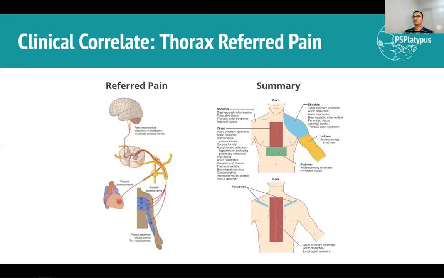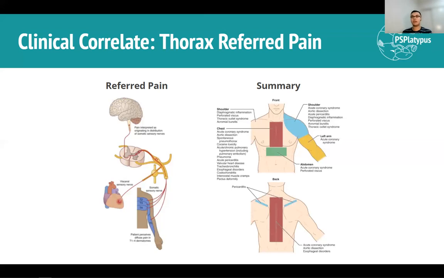And on the right, you can see a summary of all the different pain referral patterns for different pathologies that pop up in your thorax and also in your abdomen. An important concept to keep in mind is that unpaired organs, so organs that only have one copy of them in your body, they're going to have central pain referral. So for example, your heart is going to have pain referral, which is felt centrally, whereas paired organs are going to have pain referral to their respective sides.